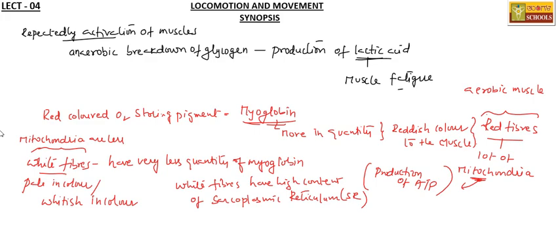And here, as the mitochondria are less, and the quantity of oxygen storing myoglobin is also less, these are the muscles that can very quickly undergo muscle fatigue.